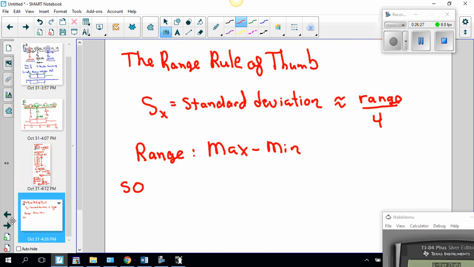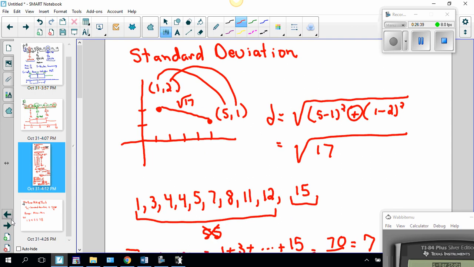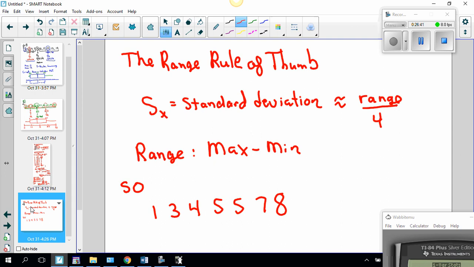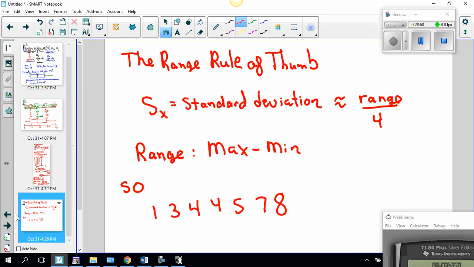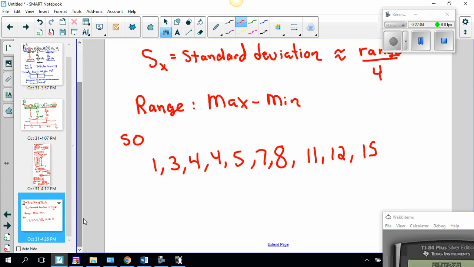1, 3, 4, 4, 5, 7, 8, 11, 12, 15. So we got a min of 1 and a max of 15.